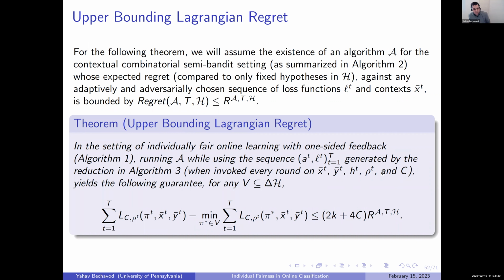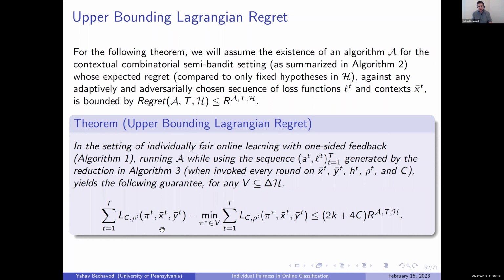Okay. So we looked at the reduction, and using this reduction, what we show in the paper is that, given some algorithm A for the contextual combinatorial semi-bandit setting with some expected regret guarantees, we can use the regret guarantees of this algorithm and upper bound the regret for the Lagrangian loss.